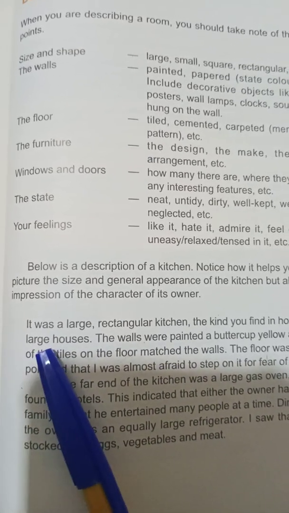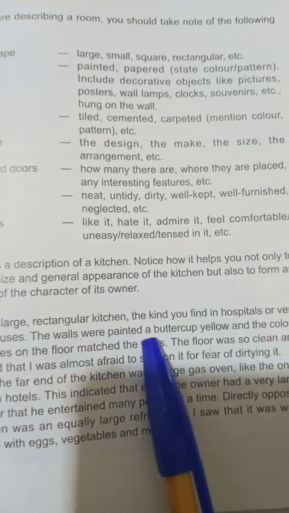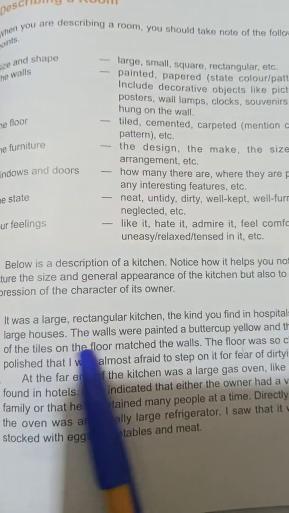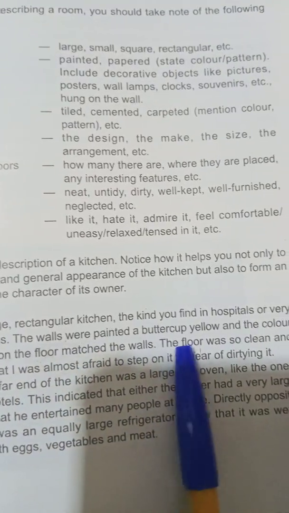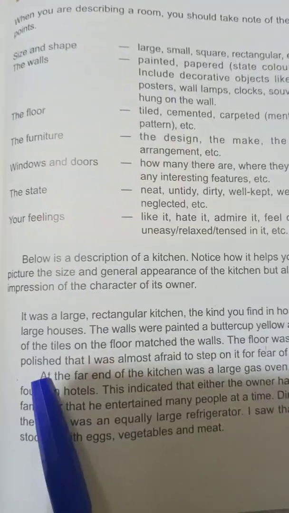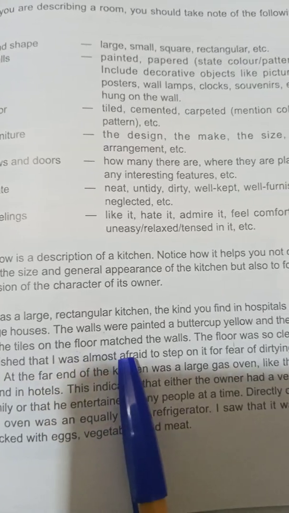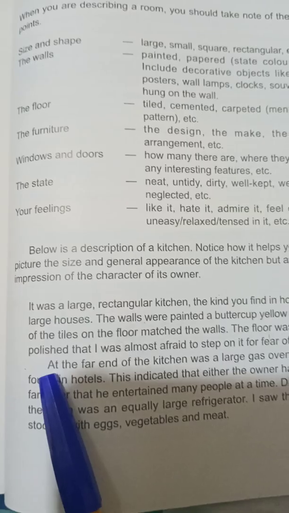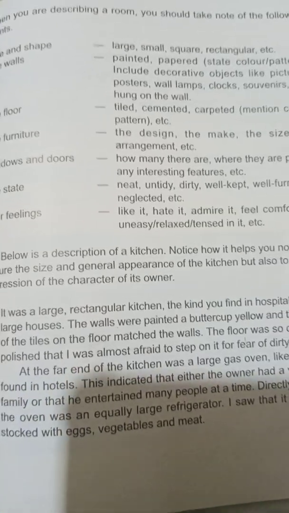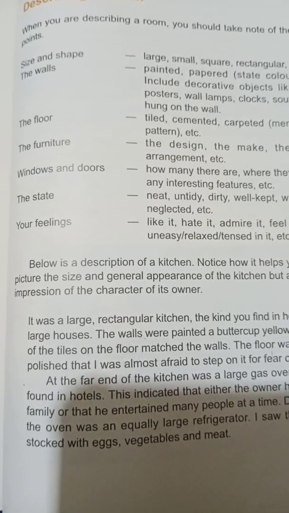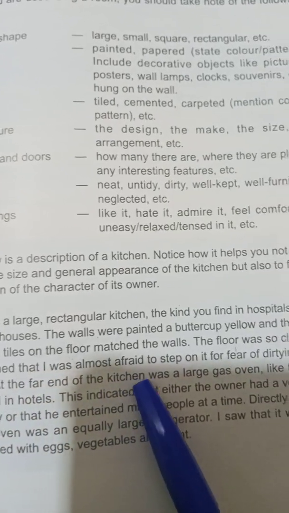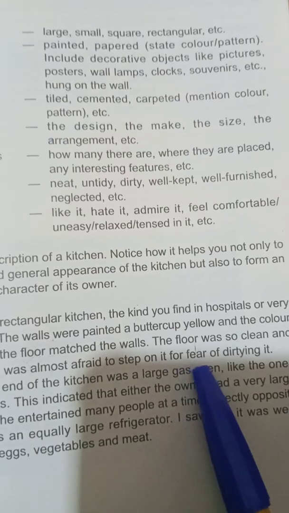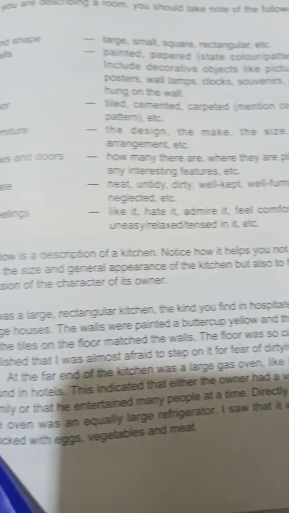It was a large rectangular kitchen, the kind you find in hospitals or very large houses. The walls were painted a buttercup yellow, and the color of the tiles on the floor matched the walls. The floor was so clean and polished that I was almost afraid to step on it for fear of dirtying it.